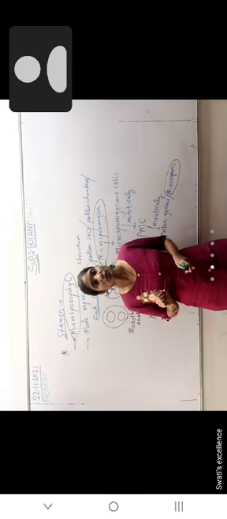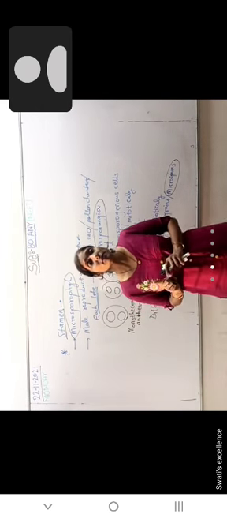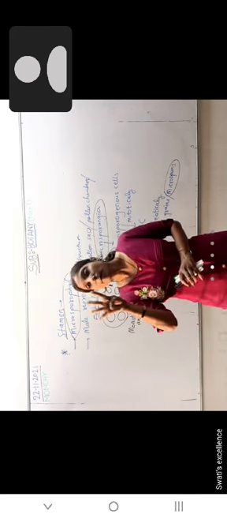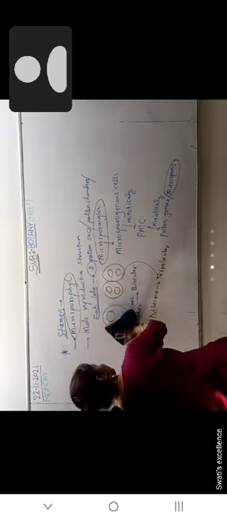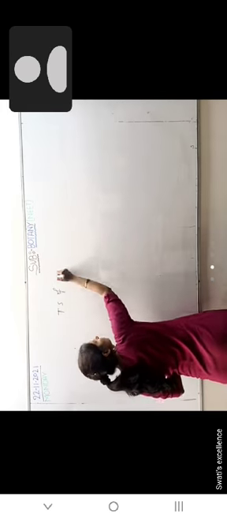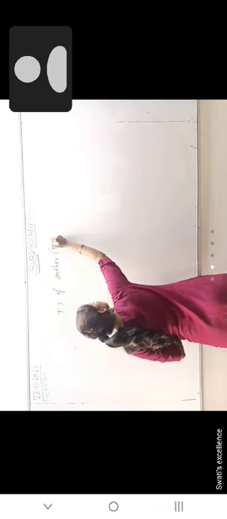यहाँ पे मैं आपको TS of dithecous anther दिखा रही हूँ. TS of dithecous anther means having two lobes, means having four pollen sacs. Okay. TS of anther. कौन सा anther?